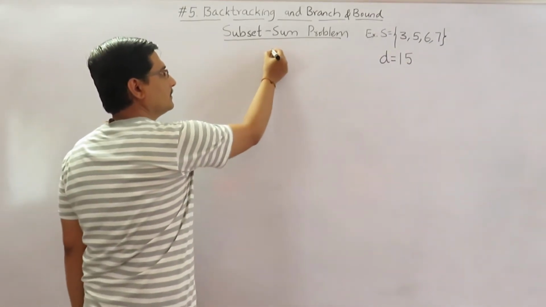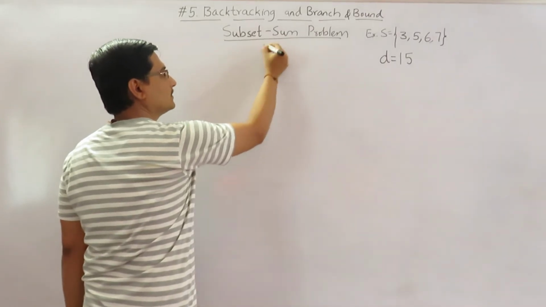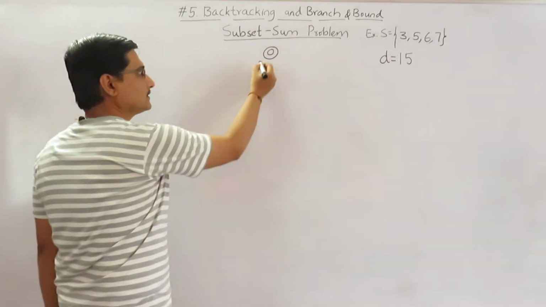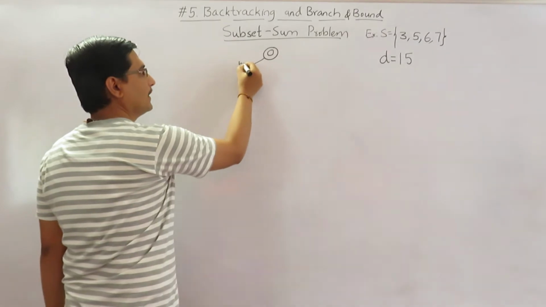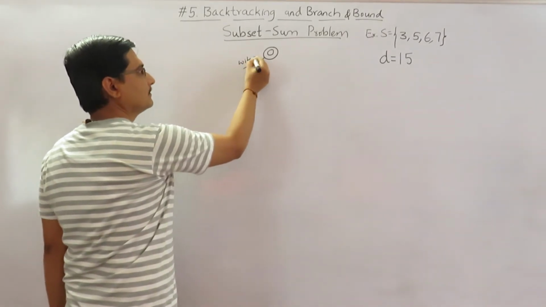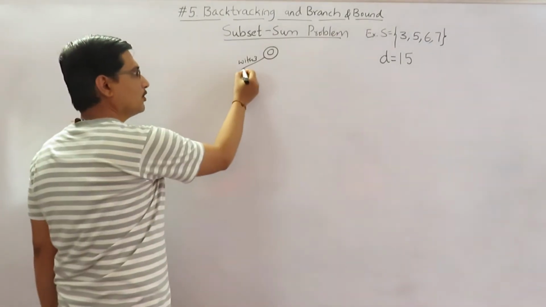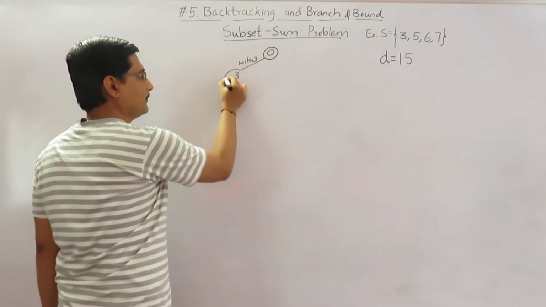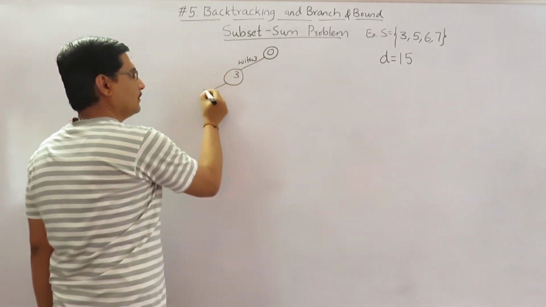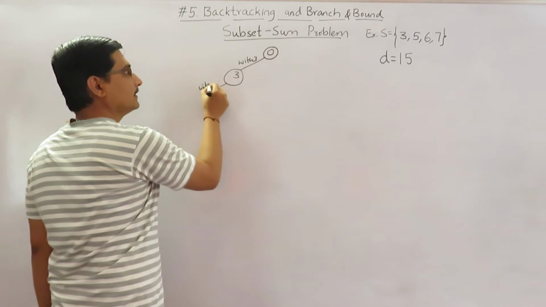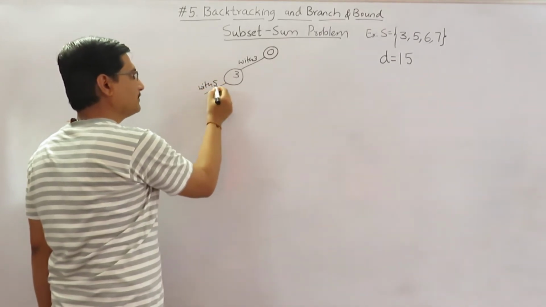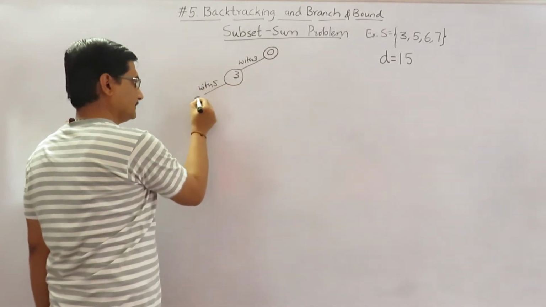So initially, the sum is 0, the root level. Let us go with 3. With 3, 0 plus 3 is 3. Then with the next item, that is 5, 5 plus 3 is 8.